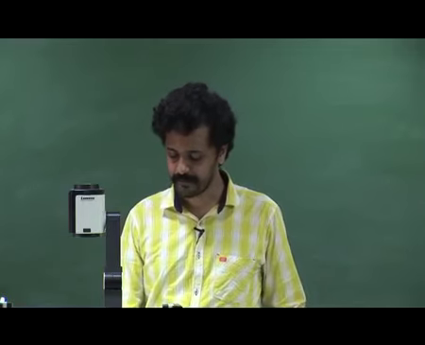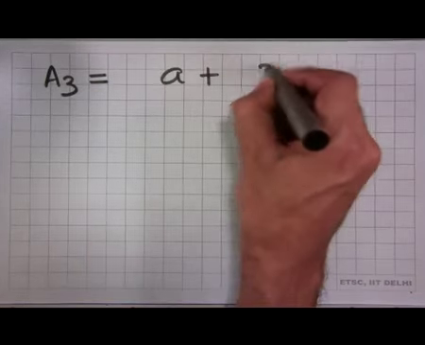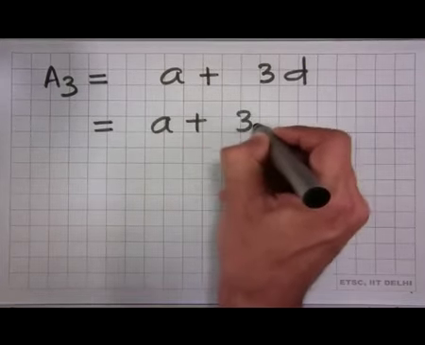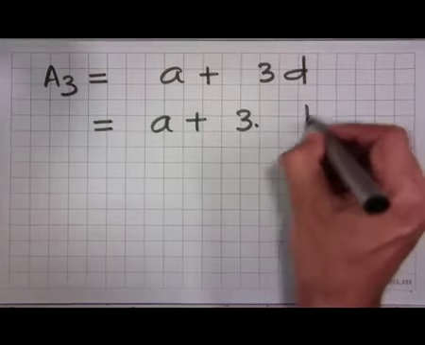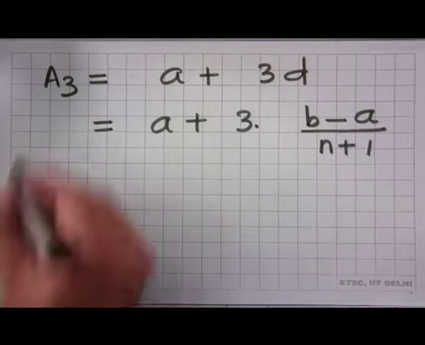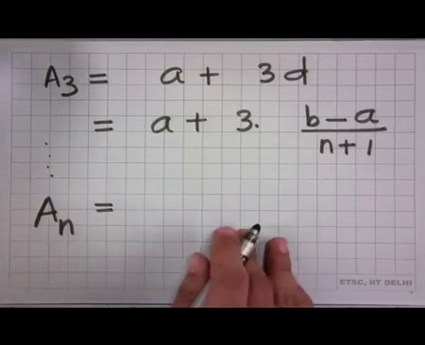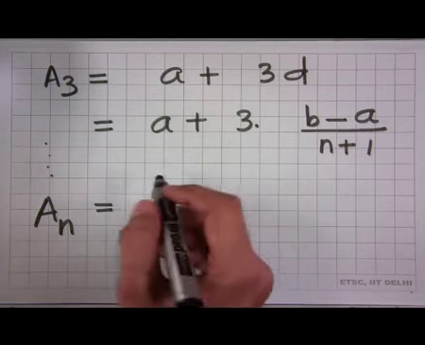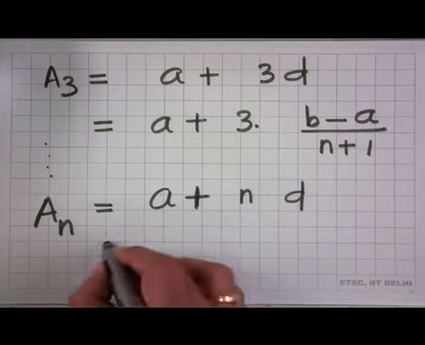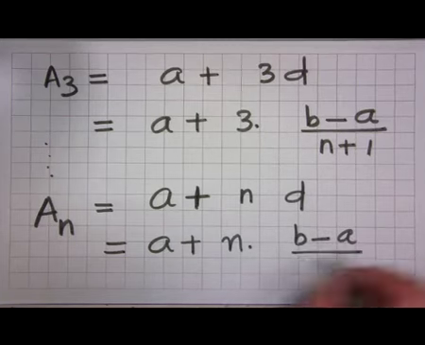In a similar fashion, you can write A3, which is A plus 3D, and that will be A plus 3 times (B minus A) by (n plus 1), and so on. The last number that we wish to insert, An, is equal to A plus n into D, which is A plus n times (B minus A) by (n plus 1).